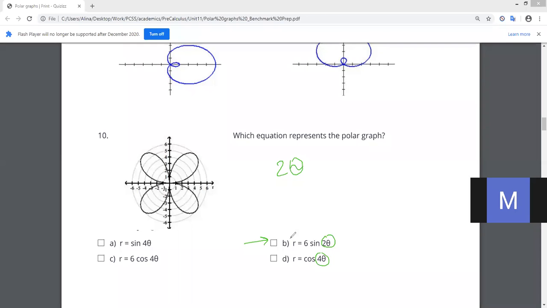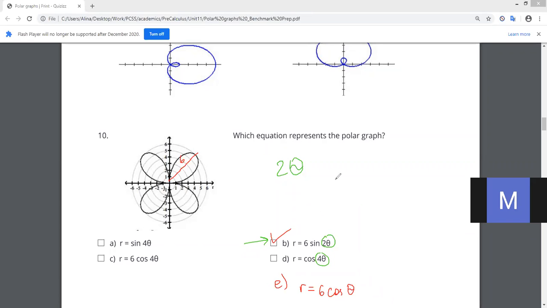So this is the only option with 2 theta, and this is the answer. And 6 is the length of the petal: 1, 2, 3, 4, 5, 6. What if the other option, let's say E, would be r equals 6 cosine theta?